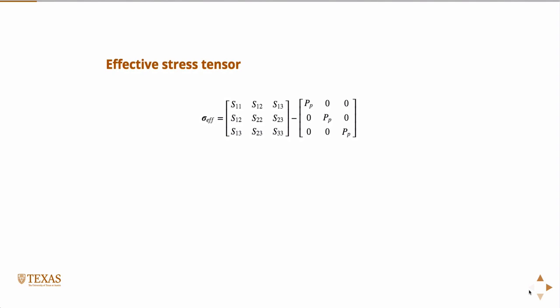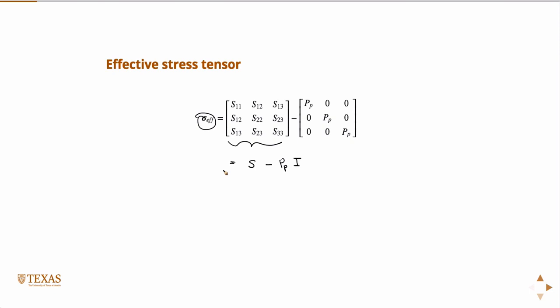And so basically what we do is we define this notion of an effective stress, okay, which is the total stress tensor, that's a tensor, minus the pressure, the pore pressure, times the identity matrix. So the effective stress is the total stress minus the pore pressure times the identity matrix.